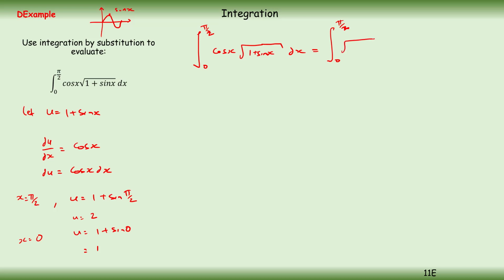You've got the square root of 1 plus sine of x times cos x dx. So now we can sub. It's equal to, the limits have changed, goes from 1 to 2. Square root of 1 plus sine x, so it's the square root of u, or u to the power of a half. Cos x dx is equal to du. Marvelous.